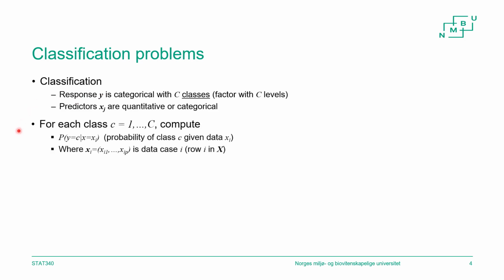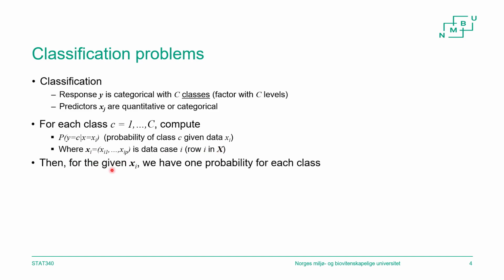We also saw last week that for each of these classes or factor levels, we can compute the probability of the class conditioned on the predictors. So the probability of class C given the data in xi, right? This is a row in the data table, xi, the data case.